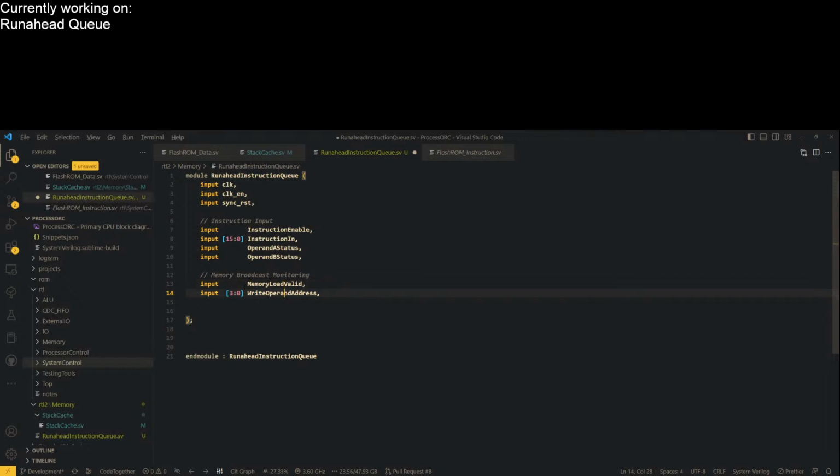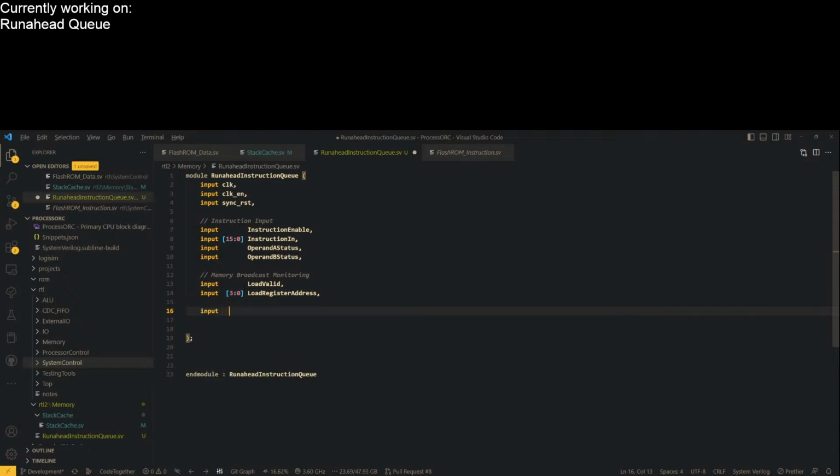Memory load valid. Okay, so load register address.